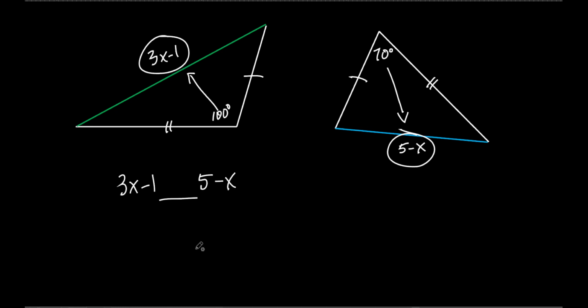Is it smaller? Is it less than? Why is it bigger? Say it, I can't hear you. Exactly. That's a good answer. The 100 is bigger than the 70. Everybody knows that, right? So where do you look? You look opposite. That means that the side opposite the 100 has got to be bigger than the side opposite the 70.